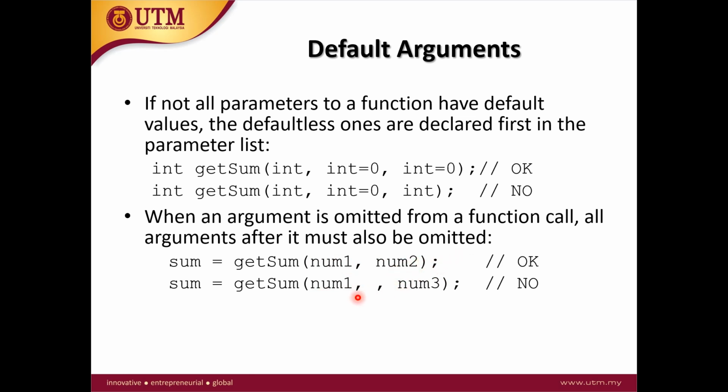But here in this case it's okay, so all the arguments after it are going to be omitted. We can't set a space here, we can't omit something by writing only a comma. So this one is okay, but this one is not true. It's going to give you an error when you are compiling your program. You need to omit everything when a parameter is missed in the function call.